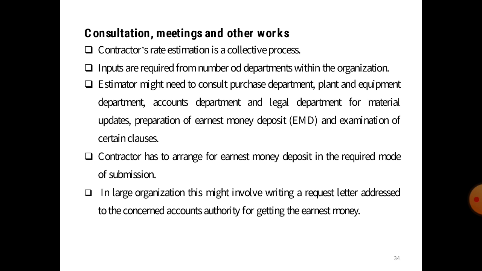Now the contractor has to arrange for an earnest money deposit in the required mode of submission. In a large organization, this might involve writing a request letter addressed to the concerned accounts authority for getting the earnest money.